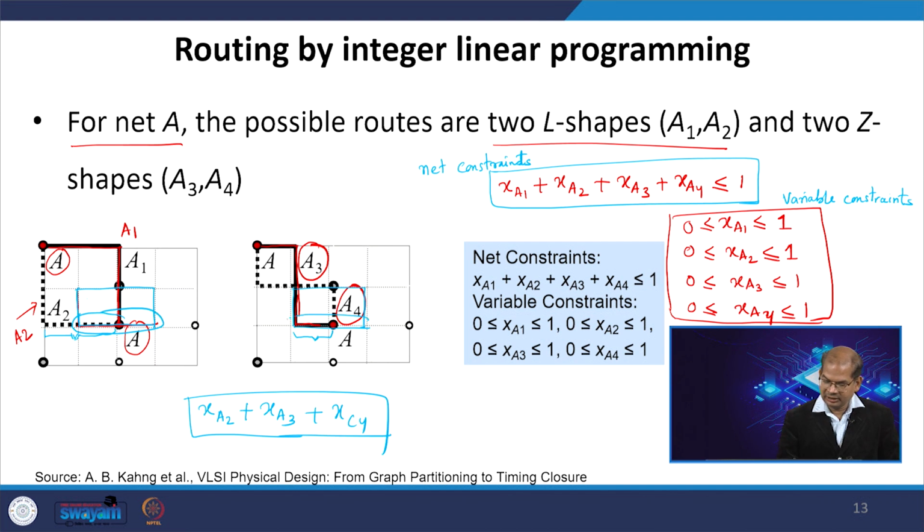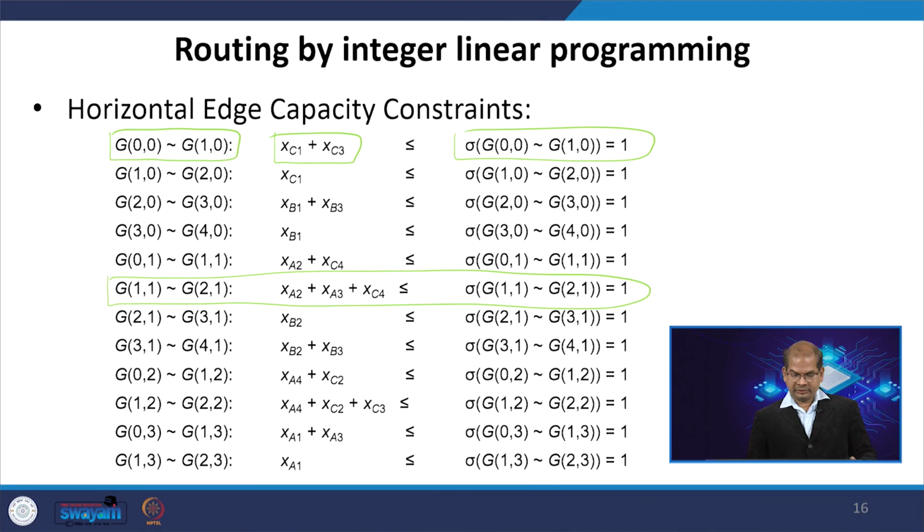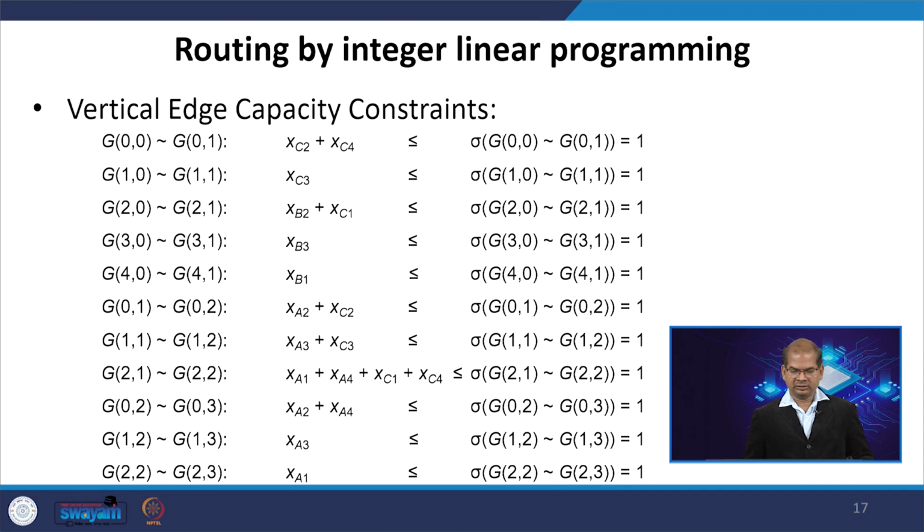So, xA2 plus xA3 plus xC4 should be less than or equal to my channel capacity in the x direction. Similarly, I can do the constraint for the vertical edge capacity.